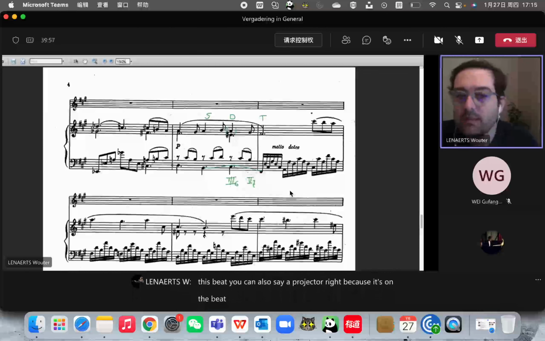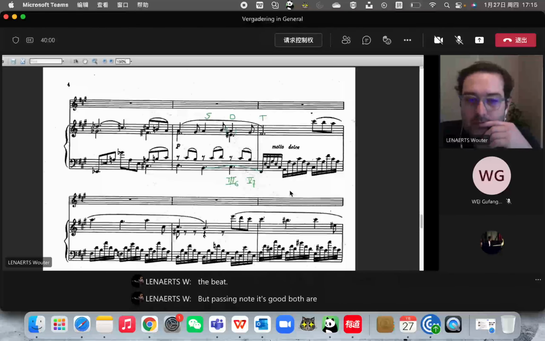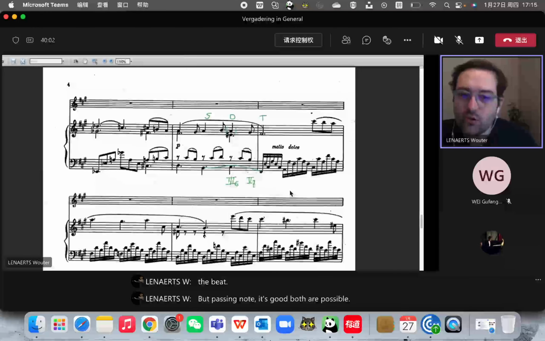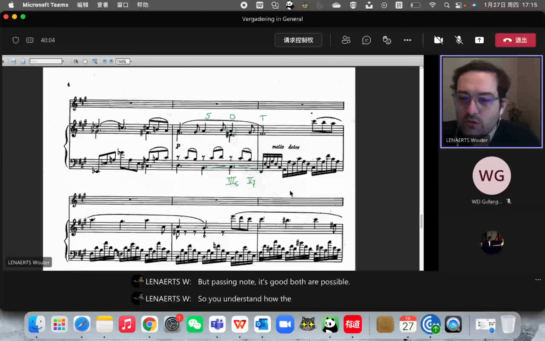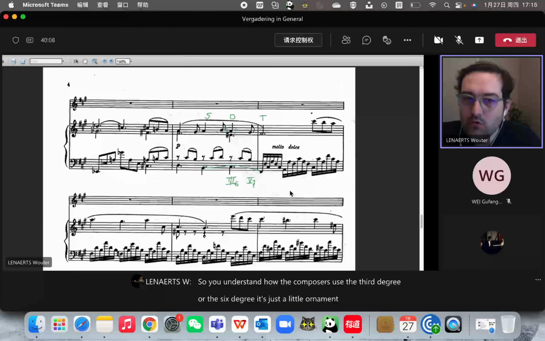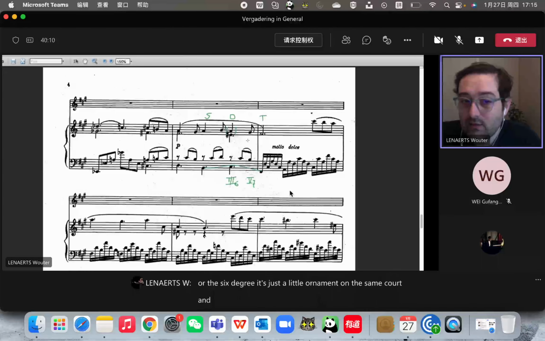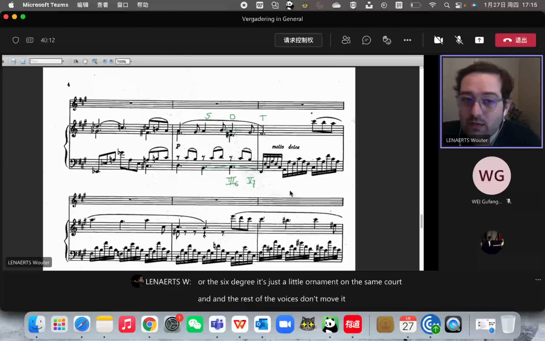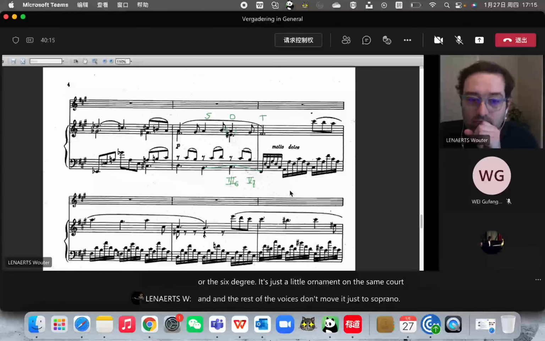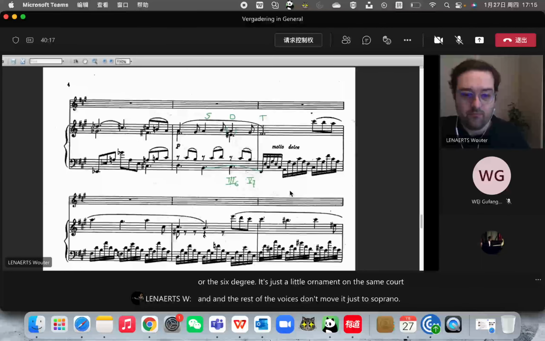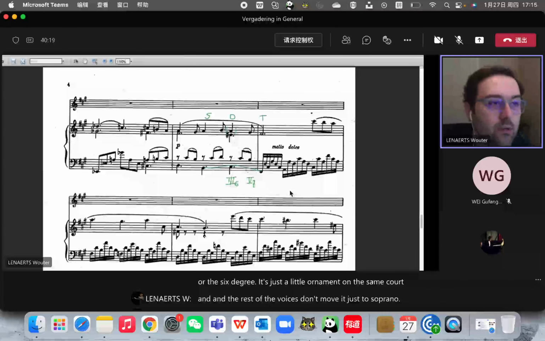Yeah, both are possible. So you understand how the composers use the third degree or the sixth degree? It's just a little ornament on the same chord, and the rest of the voices don't move. It's just the soprano. It's on a strong beat. Okay, let's check what else we have.